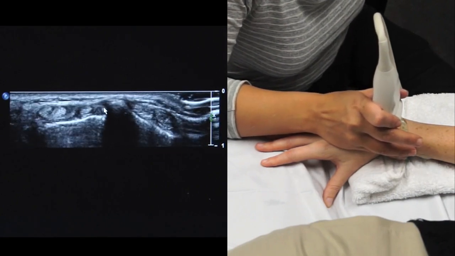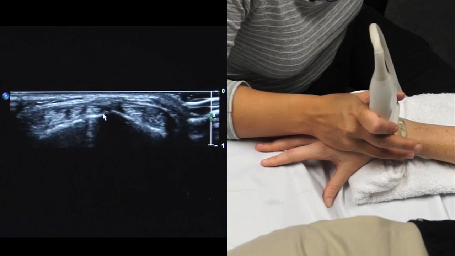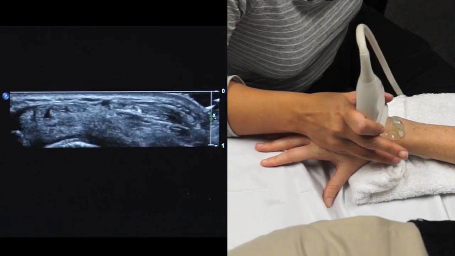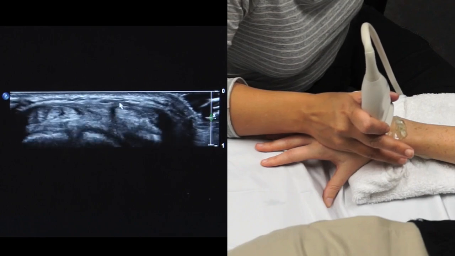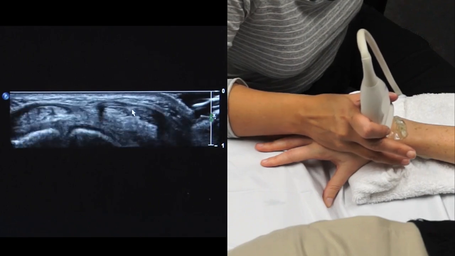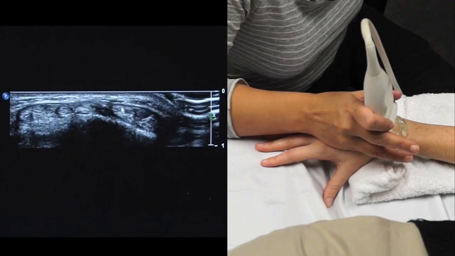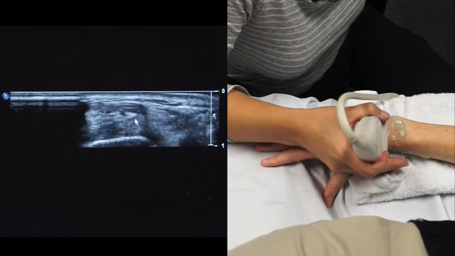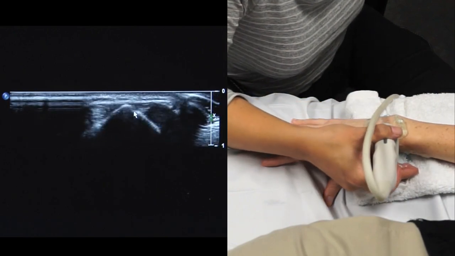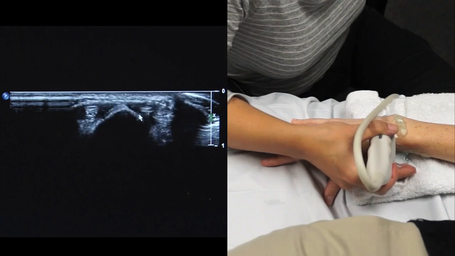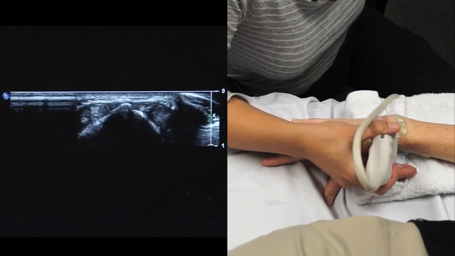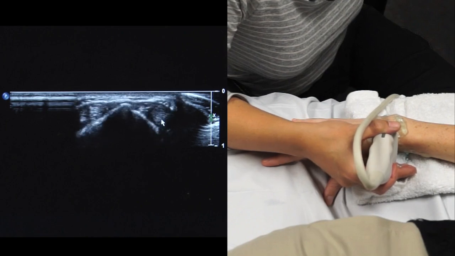At the level of Lister's tubercle, we've got extensor pollicis longus in the third compartment, just proximal to where it crosses over the second compartment, and that is the extensor carpi radialis brevis and longus. And then the first compartment, which is the extensor pollicis brevis and the abductor pollicis longus tendons.